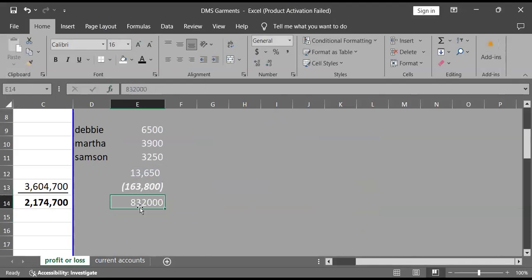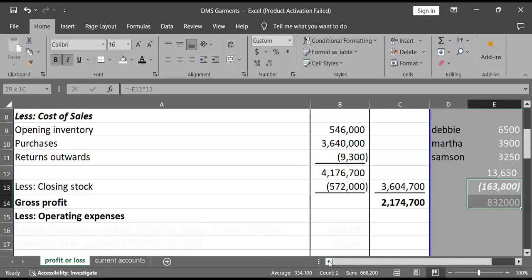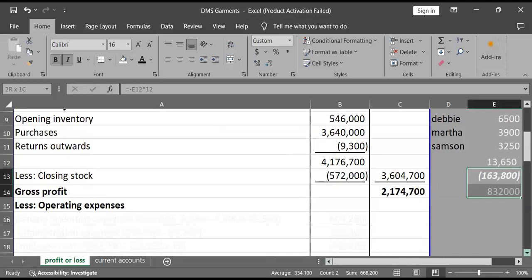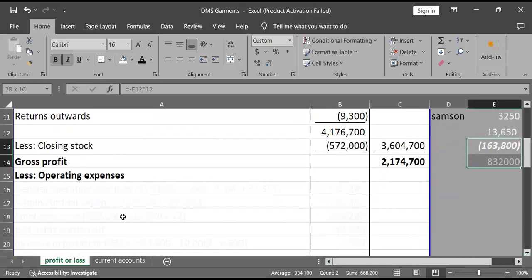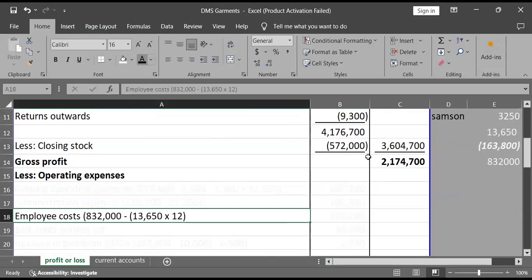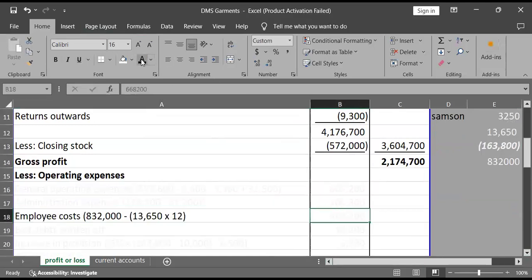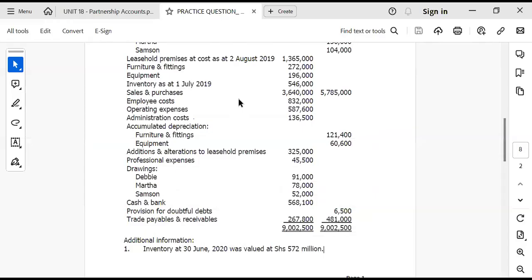I'm going to subtract this 163 partners' money from the 832 to get the net employee cost. So let me add that to my operating expenses. It will be 668,000.